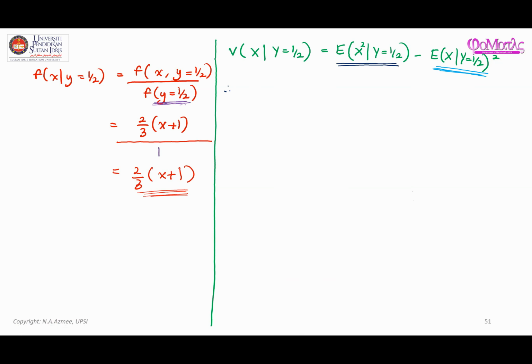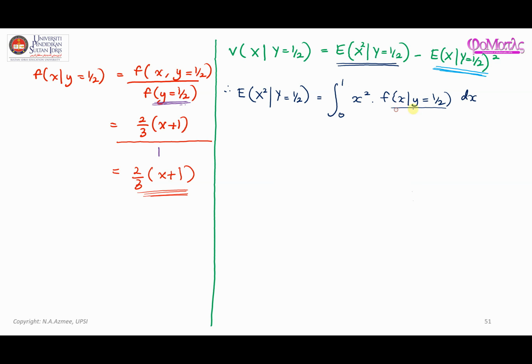So what we need to find is the expected value of x squared given y is equal to half. Because this is a conditional expectation, we consider x squared times f of x given y equals half dx, with limits 0 and 1.